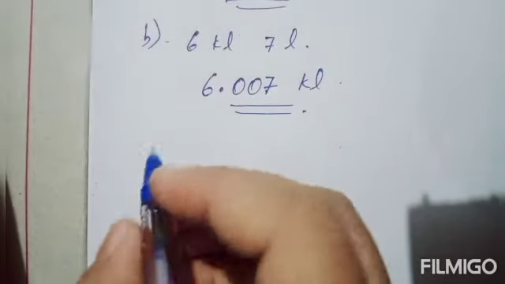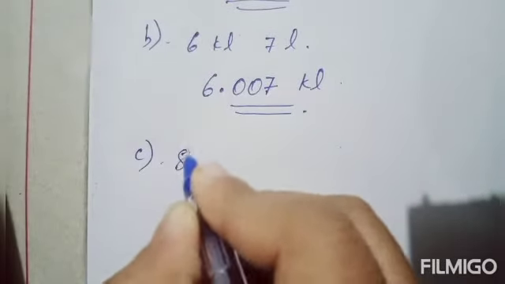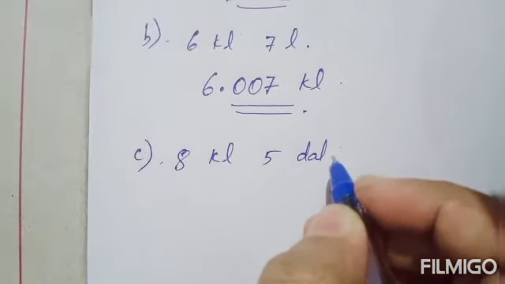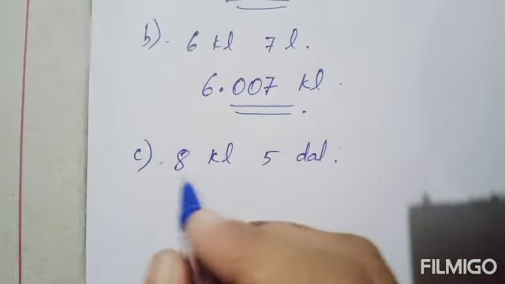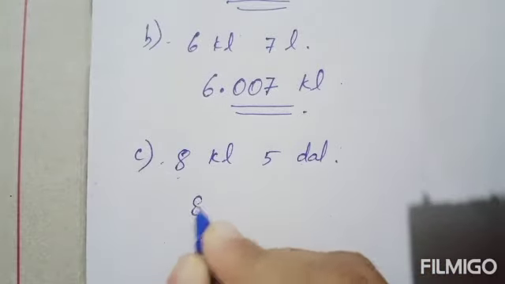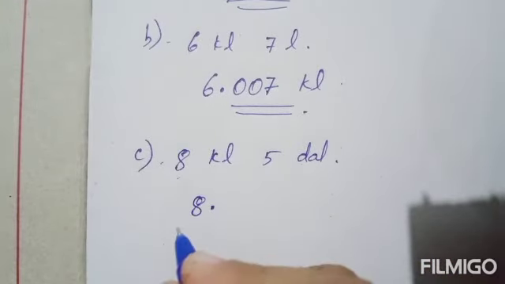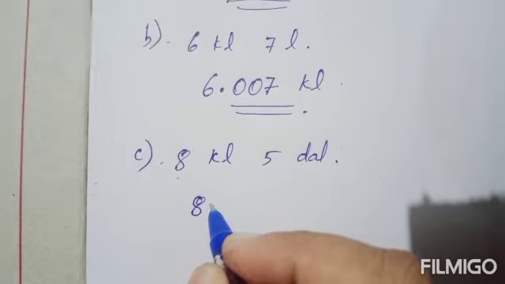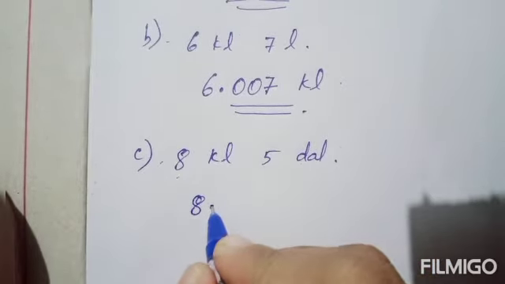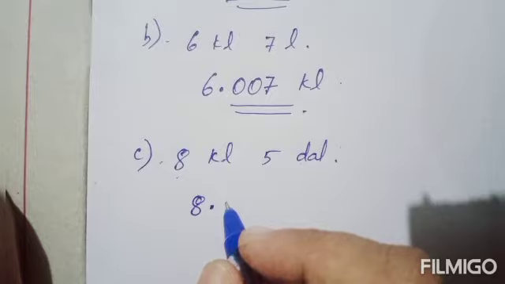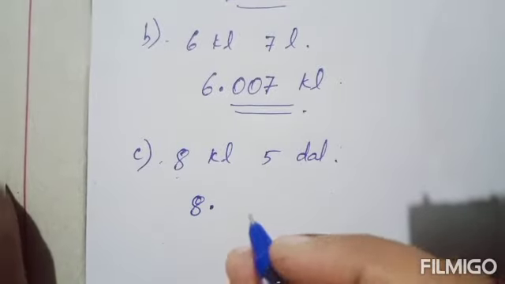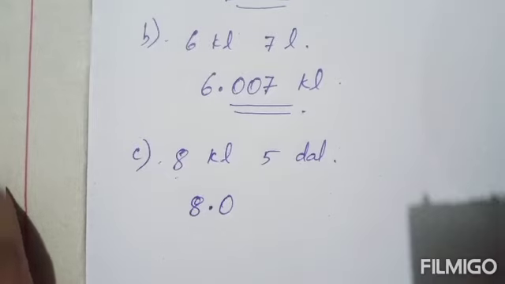Next C. 8 kiloliter, 5 decaliter. 8 kiloliter is given, so this will come before the decimal point. So 8 point. After the decimal point, the 10th place is hectoliter, but in the question hectoliter is not given, so put 0 there.